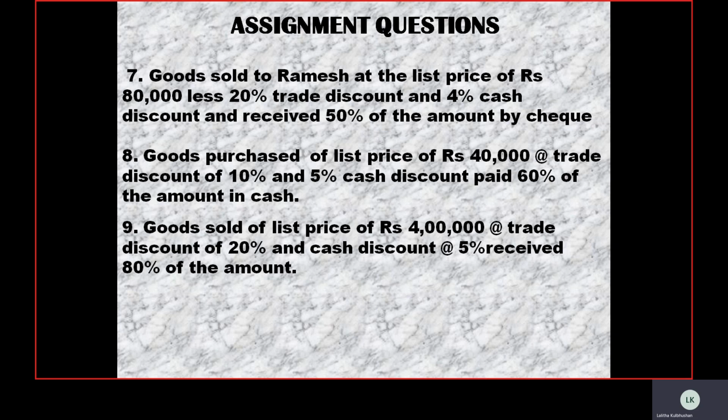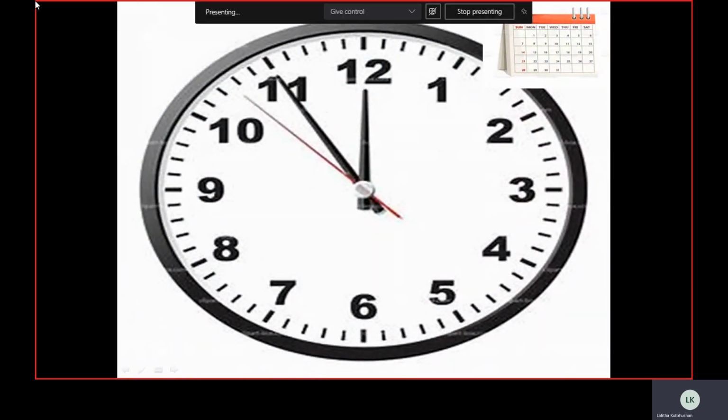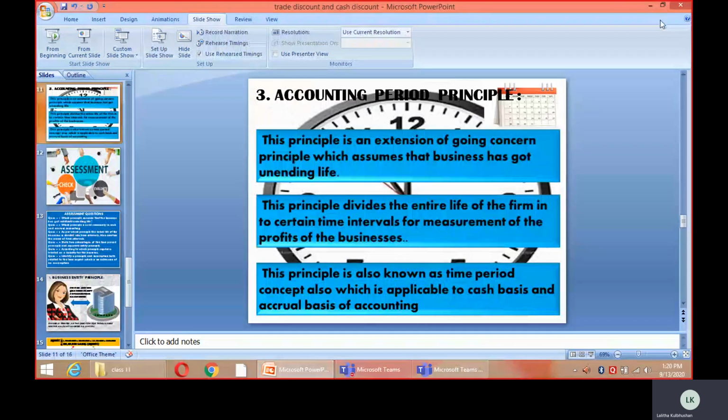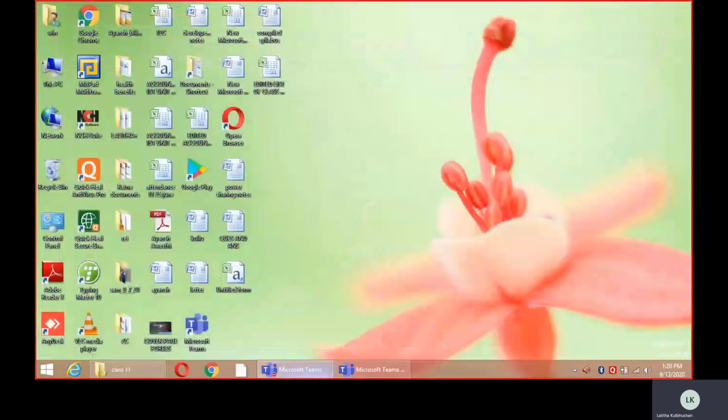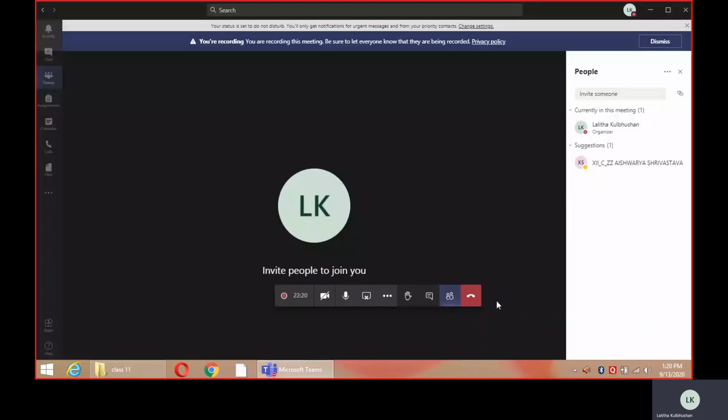The ninth transaction is goods sold of list price of rupees 4 lakhs at trade discount of 20% and cash discount of 5%, and 80% of the amount is received. These are the transactions you can do here. Just please solve these transactions and submit them to me, because this is the assignment which you will be solving and submitting.